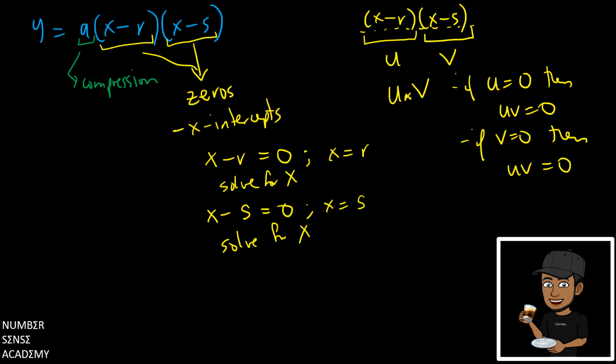But it could be that you have, say, n times (x minus r) equals 0. Sorry, you might have it where you have n times (x minus r).